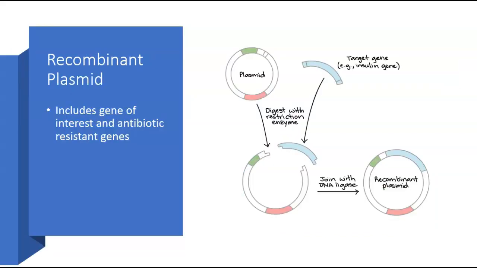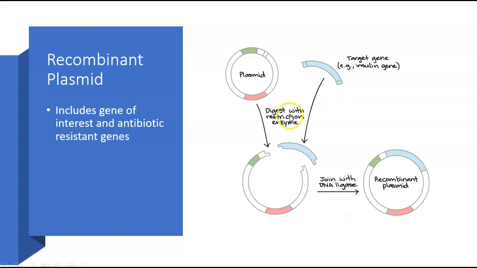So a recombinant DNA will include genes of interest that we want to study, and also an antibiotic resistance gene that will help these particular types of bacteria survive and replicate.